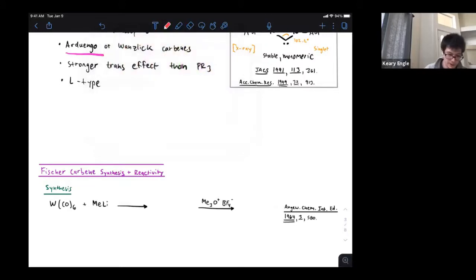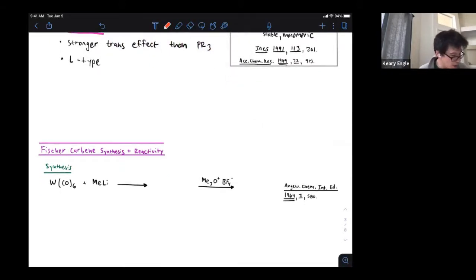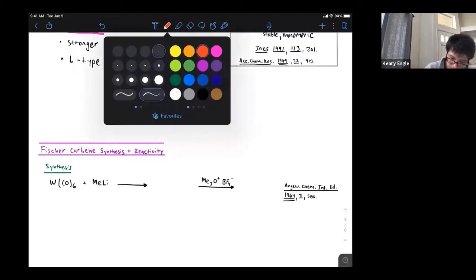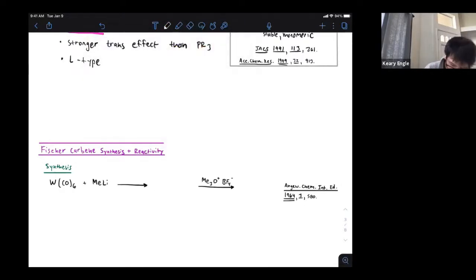So the first Fischer type carbene, and this is still to this day, I think, the most common way to make these, was done by addition of methyl lithium or any alkyl lithium, as you can imagine, to Tanner's favorite complex. I don't know if it's your favorite, but maybe the complex he's used most, tungsten hexacarbonyl.